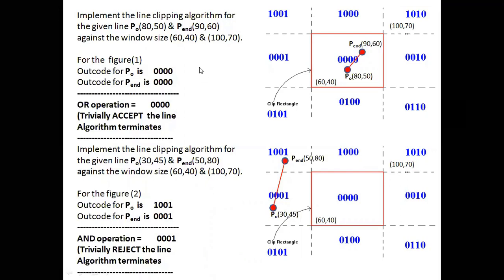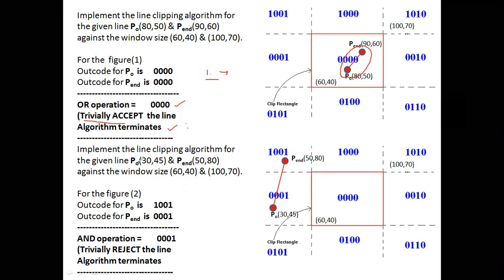So first operation is OR operation perform करेंगे हम. जब हमने OR operation perform किया, in the first step of the algorithm only we will find that the result of the OR operation is 0, so it will allow us to trivially accept the line, and the algorithm terminates there only, वहीं के वहीं आपकी terminate हो जाती है. So simply after the first step we can identify that the line is completely visible and within the viewable region.